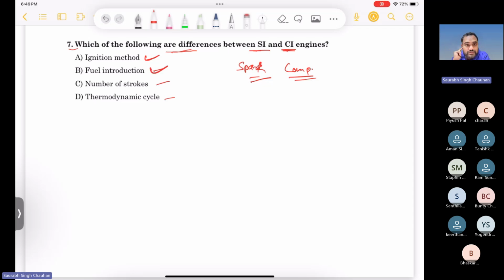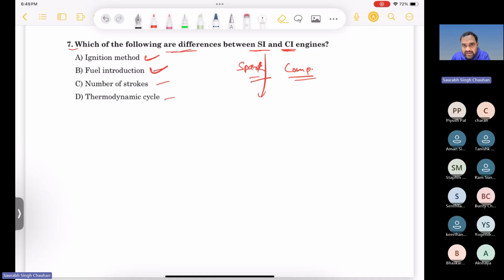Number of strokes, is it the same or different? Same, yes. Both engines are 4-stroke engines. We are not considering 2-stroke engines. SI engines can also be 2-stroke engines, because the older scooters that were running on 2-stroke engines were basically SI engines only.